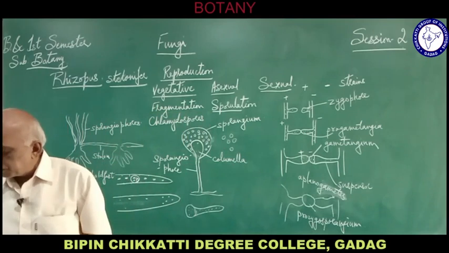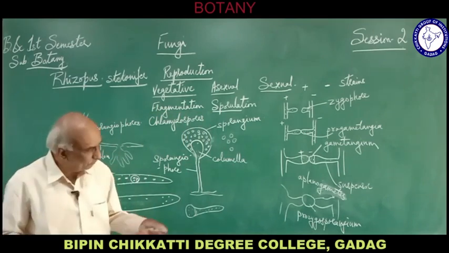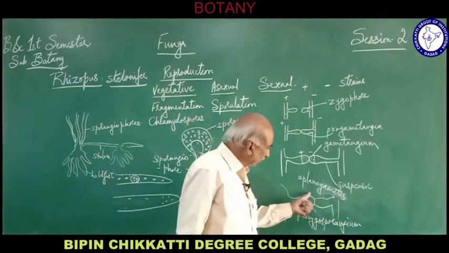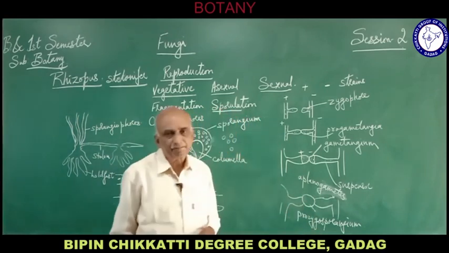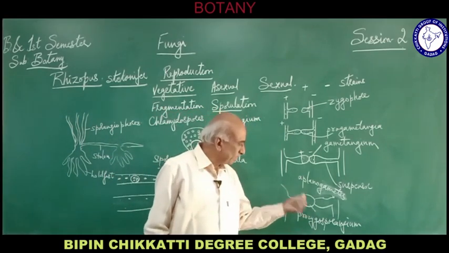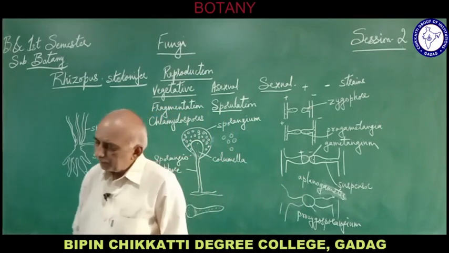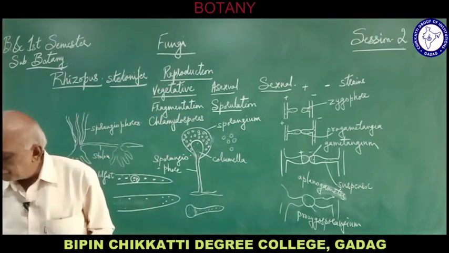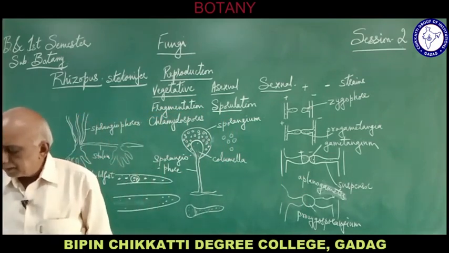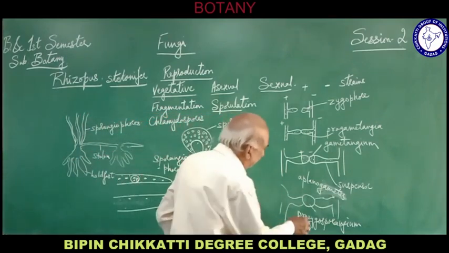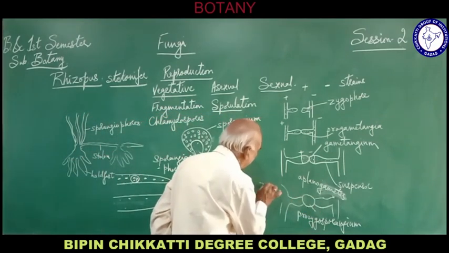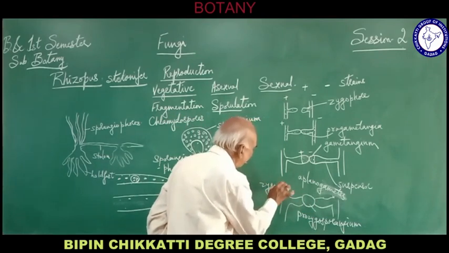So after they fuse, this combined protoplast, the protoplast of the two aplanogametes, are fused there. So they contain diploid nuclei. So these diploid nuclei which are formed, that structure which is formed is called as the zygospore.